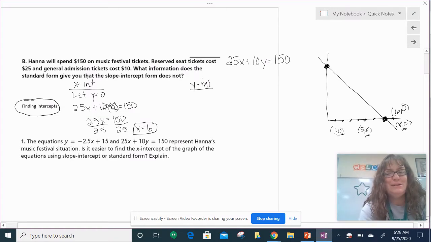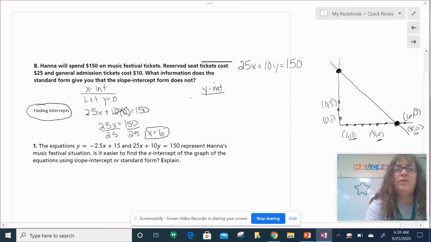All right, now let's find the y-intercept. Anyone have an idea what to do here? Just like before over here, if I'm finding a point on the y-intercept, if we name any of these points out here on the y-intercept, we would notice that they all have a 0 in the x position. And so just like over here, we're going to let x be 0.